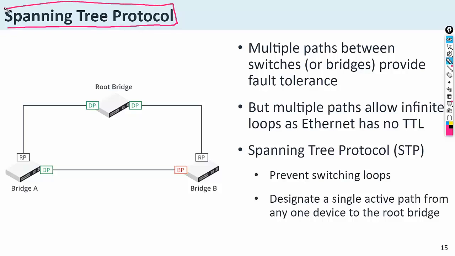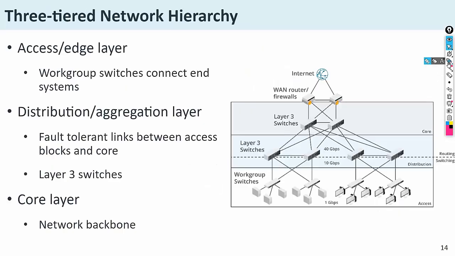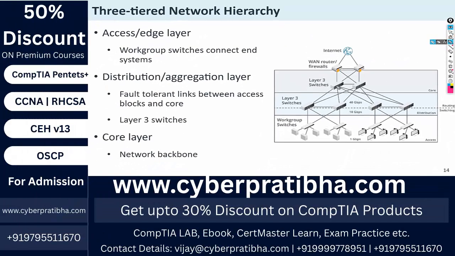Here is one protocol, known as the spanning tree protocol. Because you can see, in a previous slide, if I take a single example of this topology, what will happen?